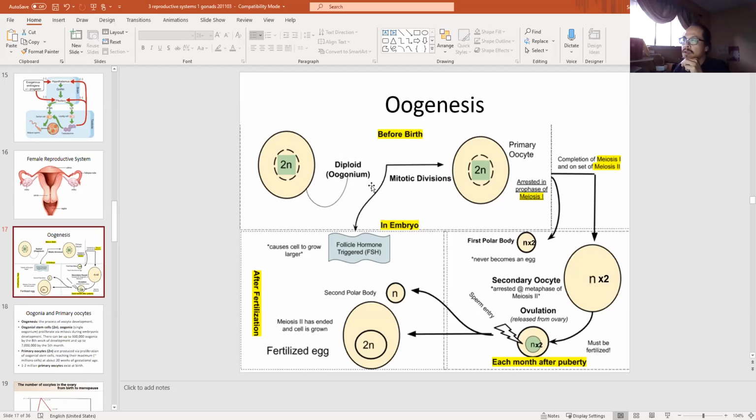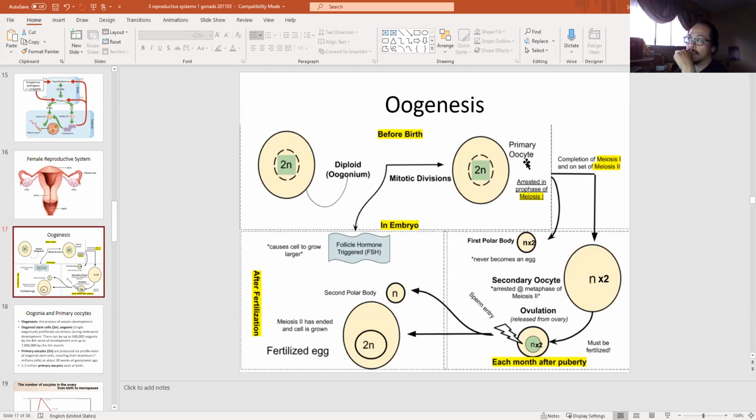By then we already have these gonads differentiated depending on the XX or XY chromosomes. The oogonia, before birth, will produce millions of primary oocytes. Then these primary oocytes will start to conduct meiosis.